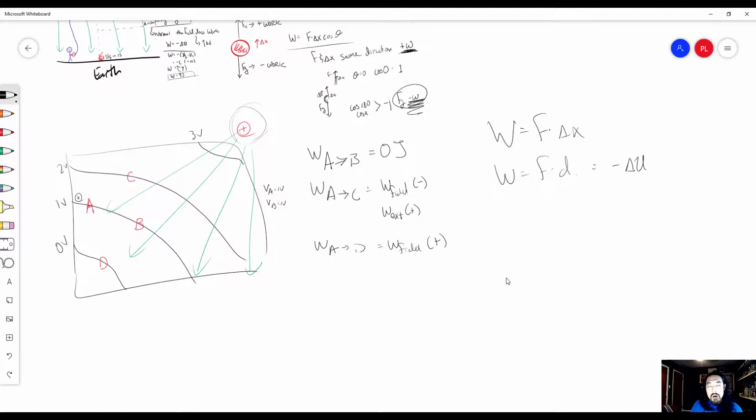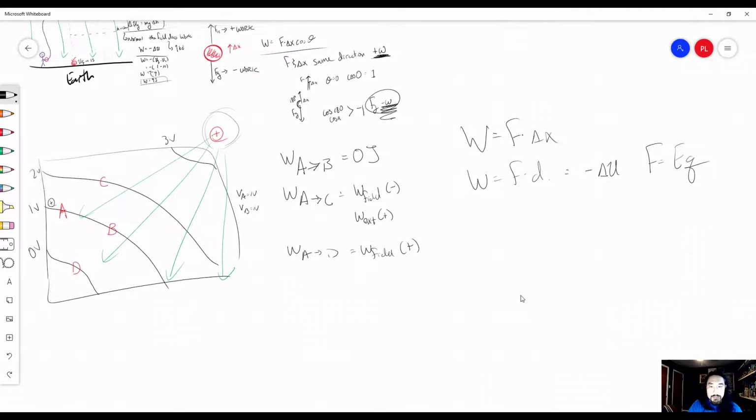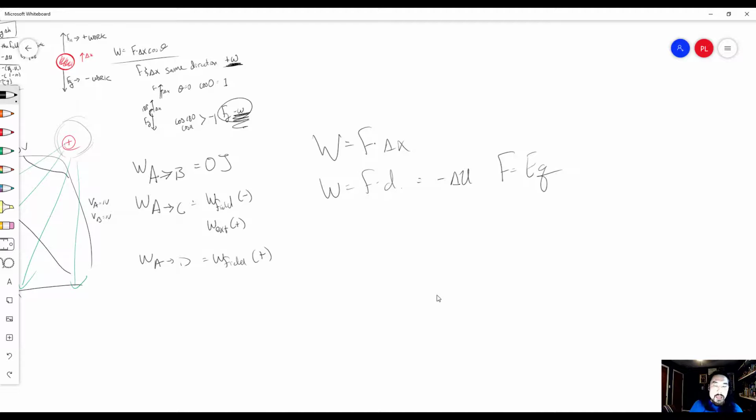Now, we can also say that F is equal to EQ. If you remember, this is a charge in an E field, and when a charge is in an E field, it'll feel a certain force.